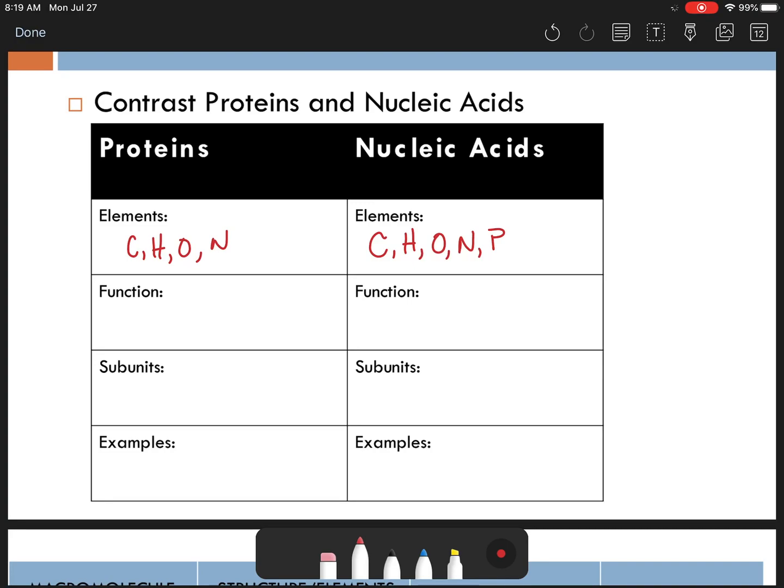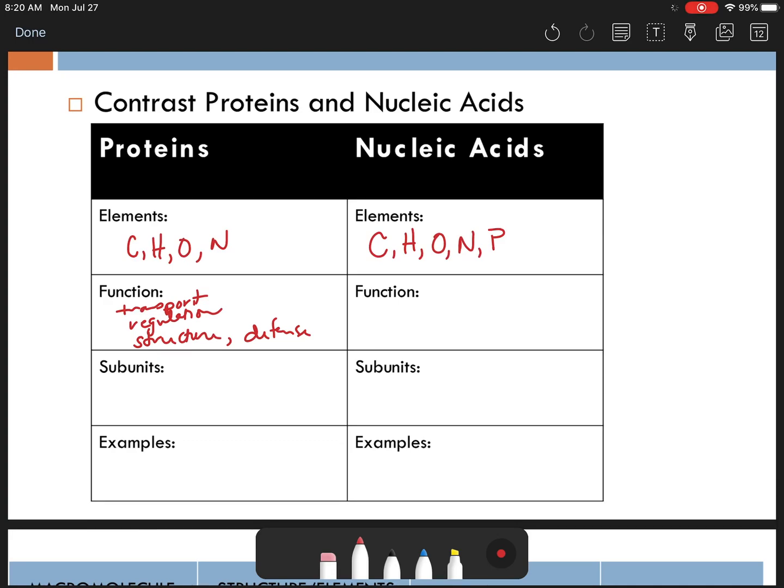The function, remember, proteins have lots of functions. They can be transport, regulation, structure, defense, remember your antibodies. So lots of different functions for proteins.